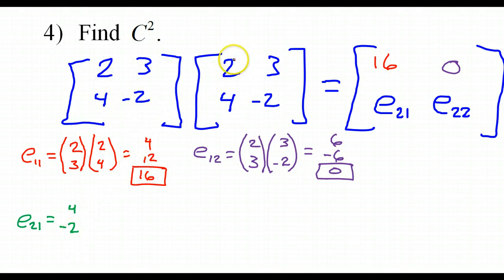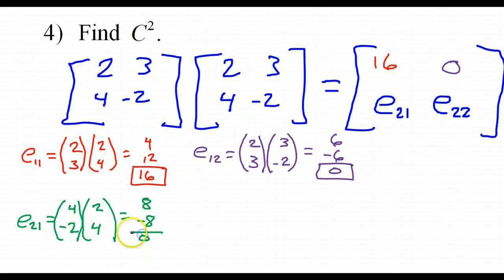Column 1 is 2, 4. That's going to give me 8, I'm multiplying, and negative 8. That is another 0. So element 2,1 is once again 0.